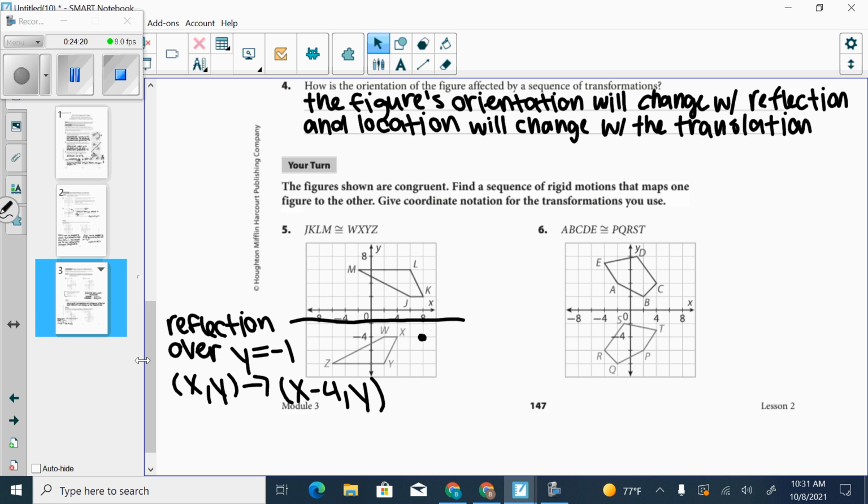All right, last one. We're doing ABCD to PQRST. So again, the first thing we probably notice is some type of reflection. Okay. Now the end was pointing this way, and now it's pointing this way. So I didn't flip down; I flipped across. Flipping across is across what? The y-axis. Good. So reflection over y-axis.